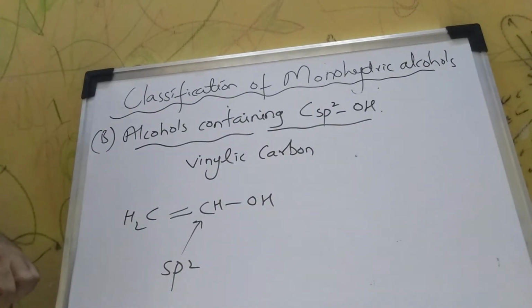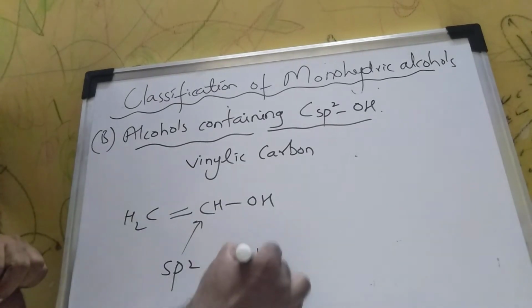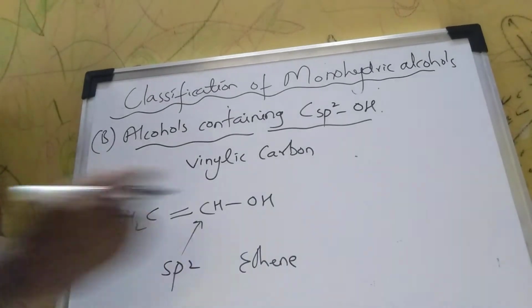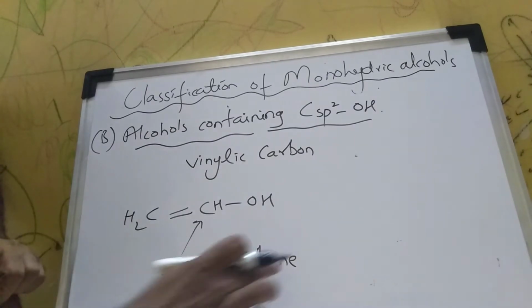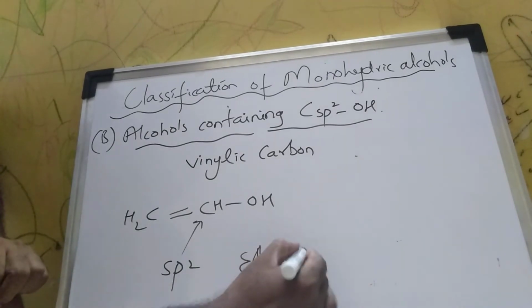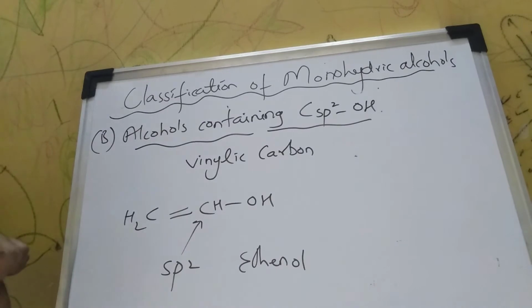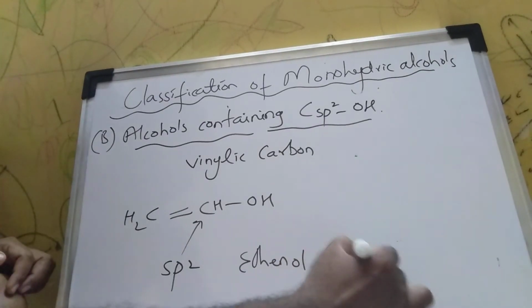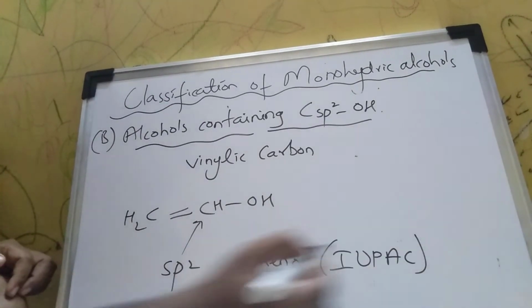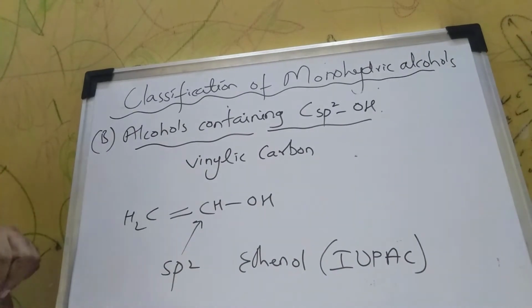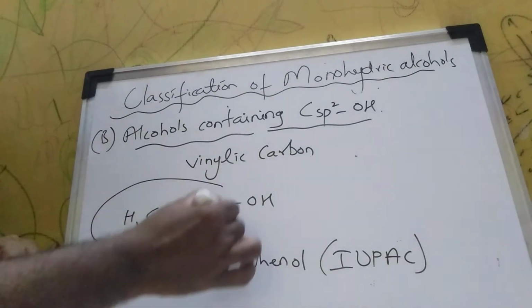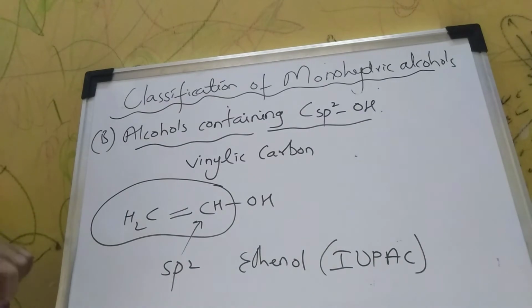So, 2 carbon atoms, ethane, with a double bond, ethene. We replace the E by OL: ethenol. This is the IUPAC name. The common name: this group, CH2=CH, is specifically called vinyl.